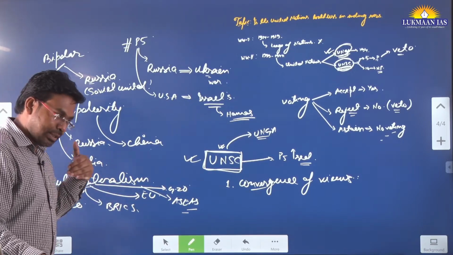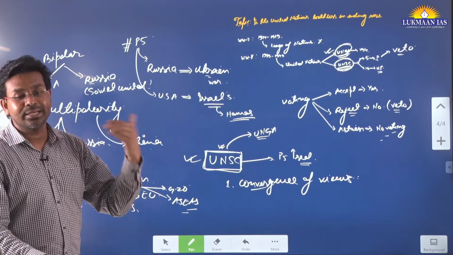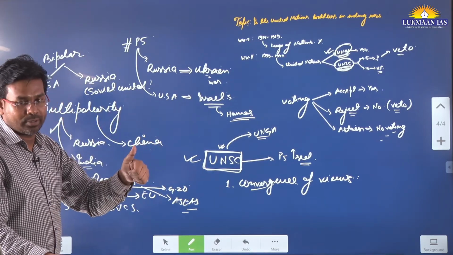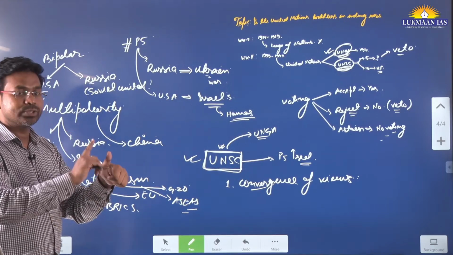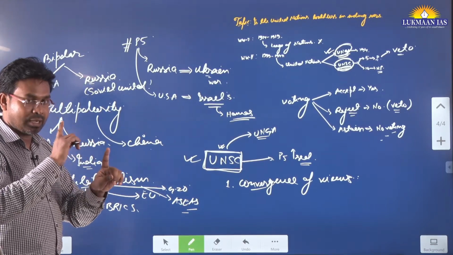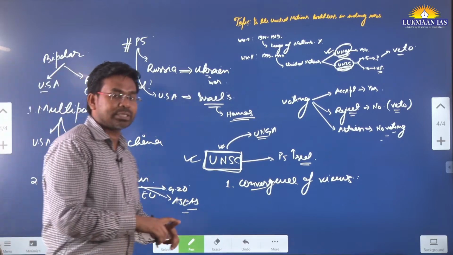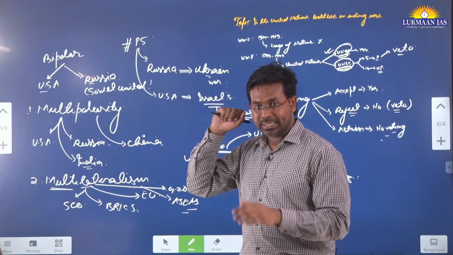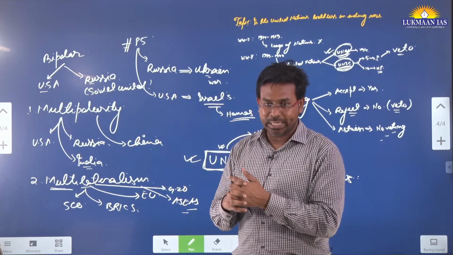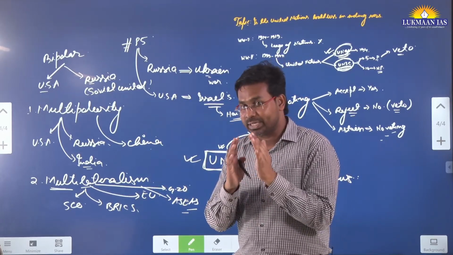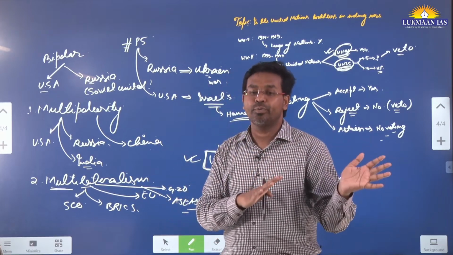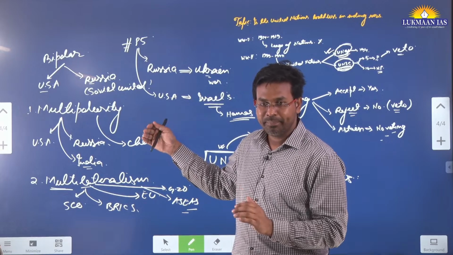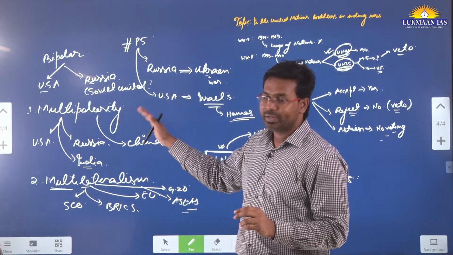I mean, the world is not going in a single direction. Polarity is related to hard power. Hard power in the sense of the usage of weapons, the amount of money, the financial power that countries have. Multilateralism is a kind of soft power, an orientation towards soft power, in which direction the different countries see the world moving. So there are minute differences between them, but this way we can understand.